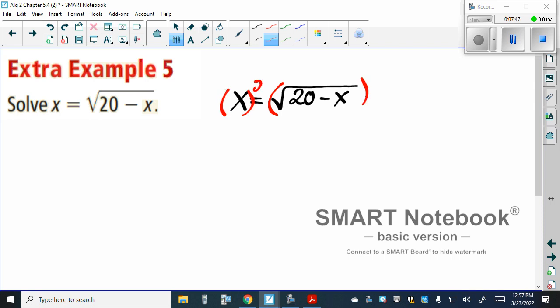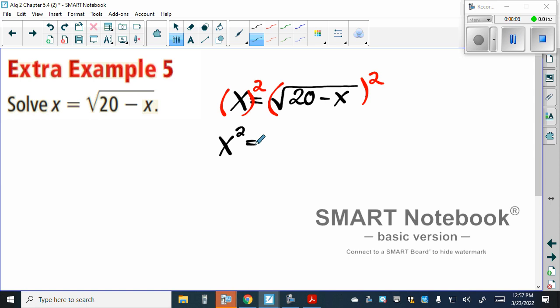So in this case here, we're putting both sides to the second power. And for us here, x squared is going to be, well, x squared, because that's what we get when we apply the second power to x.